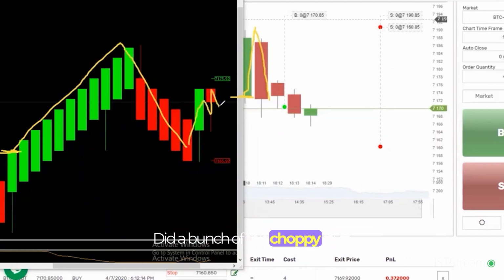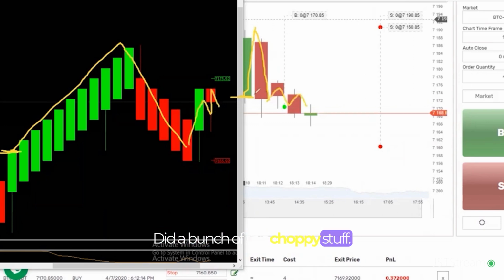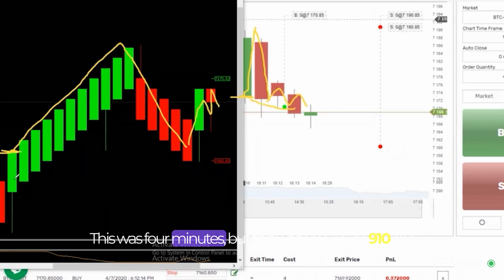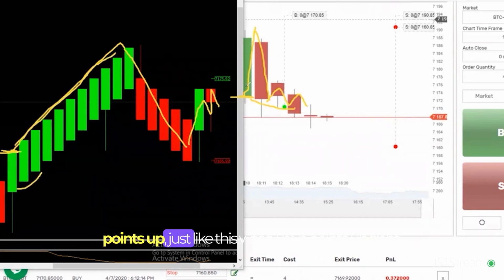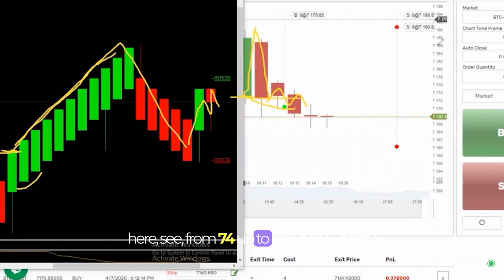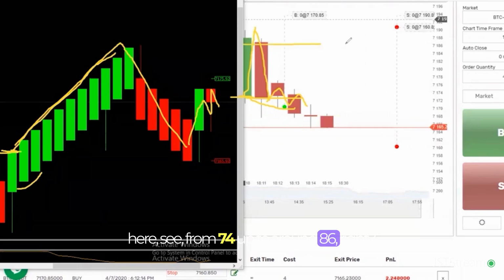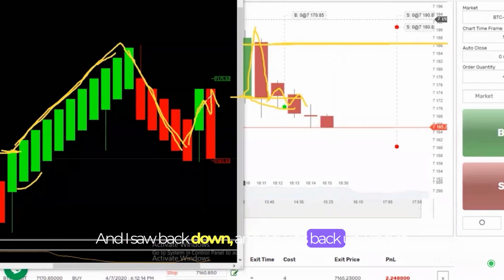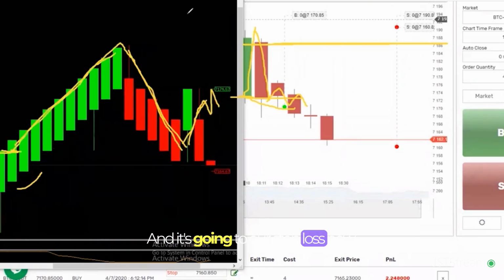Did a bunch of this choppy stuff. This was 4 minutes, but this was 1, 2, 3, 4, 5, 6, 7, 8, 9, 10, 11, 12 points up, just like this was 12 points up from here. See, from 74 up to around 86, right? And then shot back down, and now it's back up kind of, and it's going to our stop loss now.